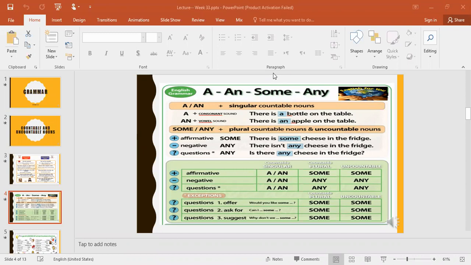We also talked about some and any, in which some is used in the affirmative form and any is used for the negative and the question form. Okay, so these are the things you explained. We also solved an exercise yesterday.